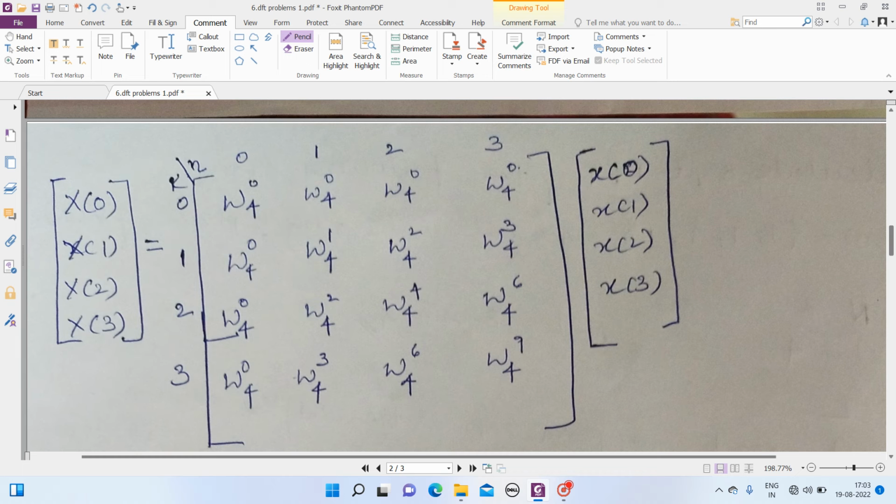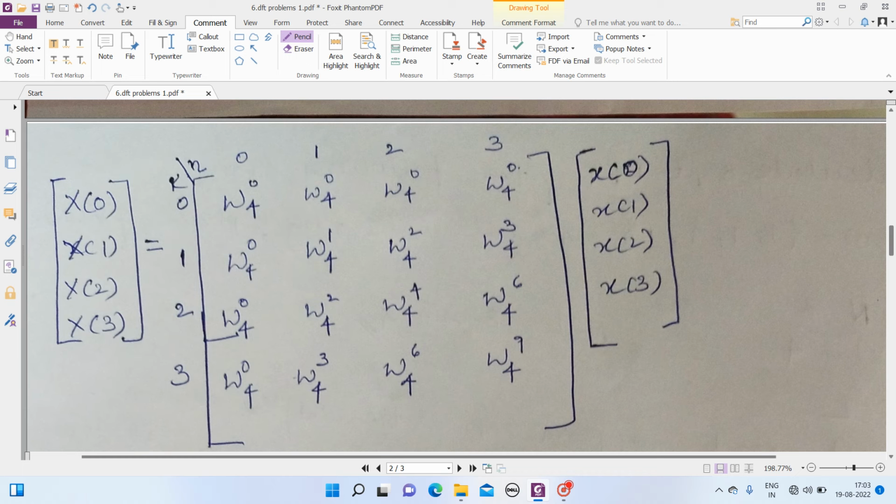But in your exam, if they are asking for the direct computation method, you have to use equations to solve the problem. If they are not asking, then you can use the matrix method to solve the DFT. It will take very little time when compared to the direct computation method. Please use this method to solve the problem.